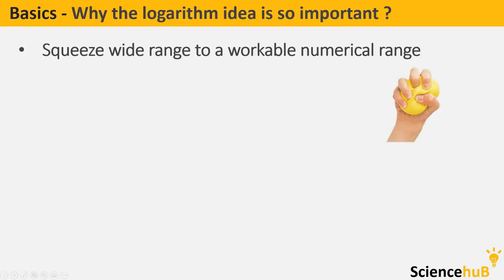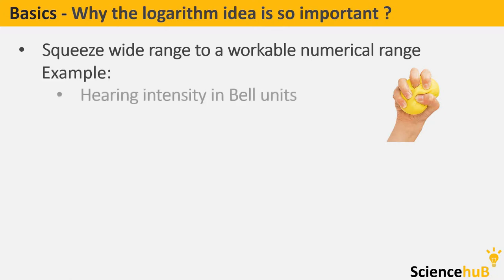Taking the logarithm of a wide range valued measurement will end up with small range values. So it will squeeze the wide range to a workable numerical range. For example, this is used in measuring hearing intensity, in Bell units. When we analyze the impact of earthquakes, we use the Richter scale.